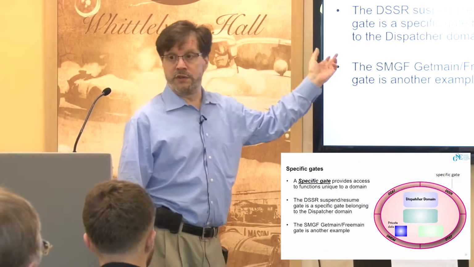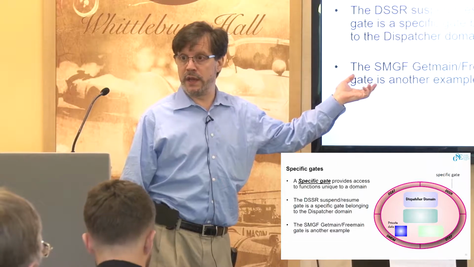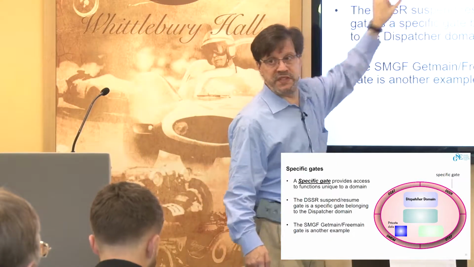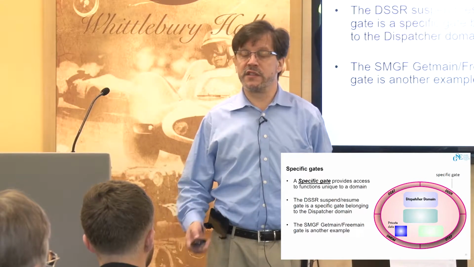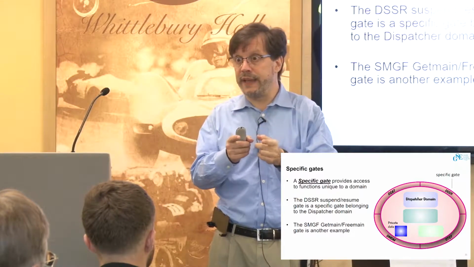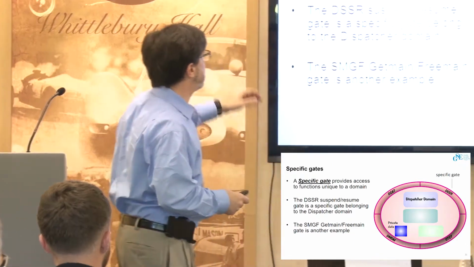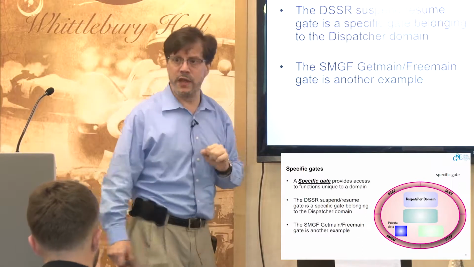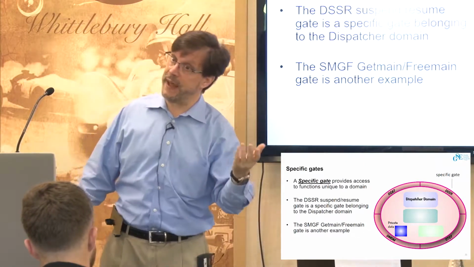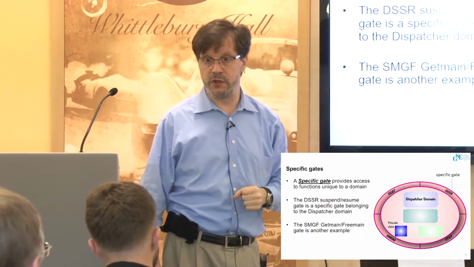Just to highlight what you might read in the Diagnosis Reference, those are specific functions. Get main, free main, that's a specific function. Obviously, it's owned by the first 2 characters, i.e. SM. That's a specific gate. And we've done a few of them. Here's another example. DS, dispatcher, SR, suspend, resume.